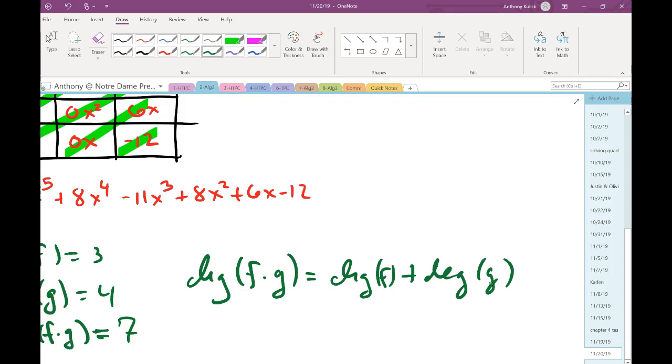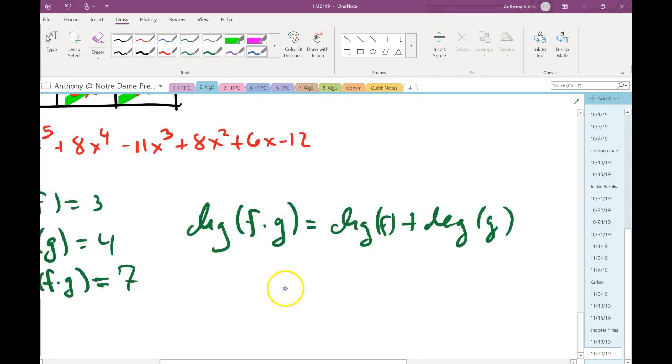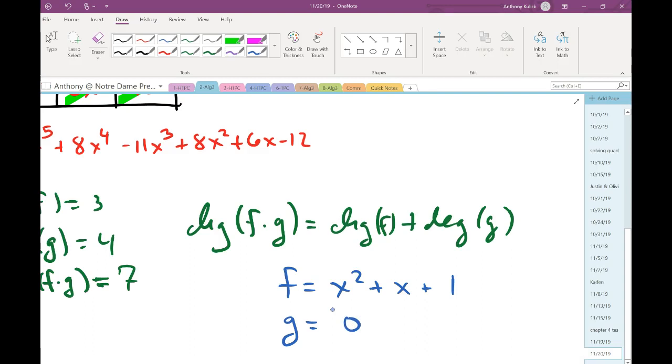The only way to get less is a very stupid situation. Let me show you the one time where you could get less. Say f is x squared plus x plus 1. The only way I could get less is if g is just the 0 polynomial, because f times g is 0, which is a degree 0.